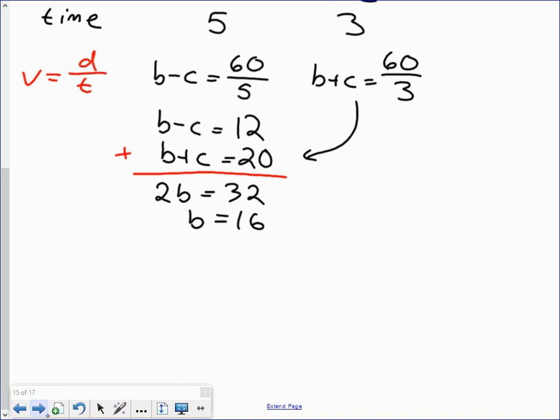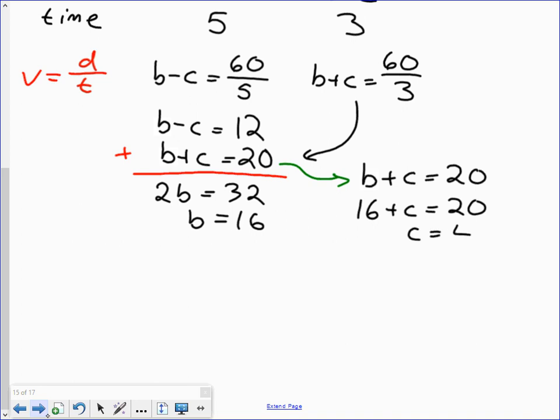Once we know that B is equal to 16, and we know that, let's say from right here, that B plus C is 20, we know that B is 16. That means C has got to be equal to 4. And B and C are our two velocities.